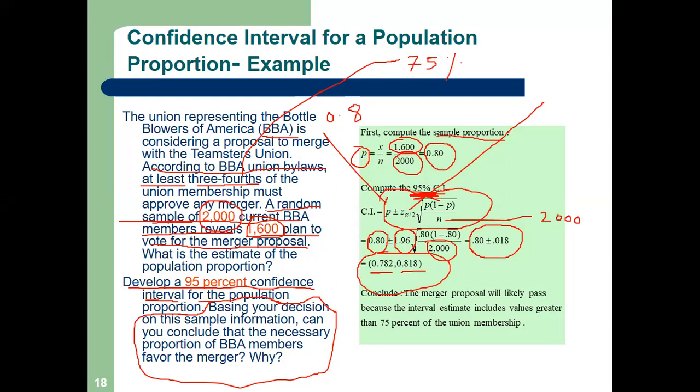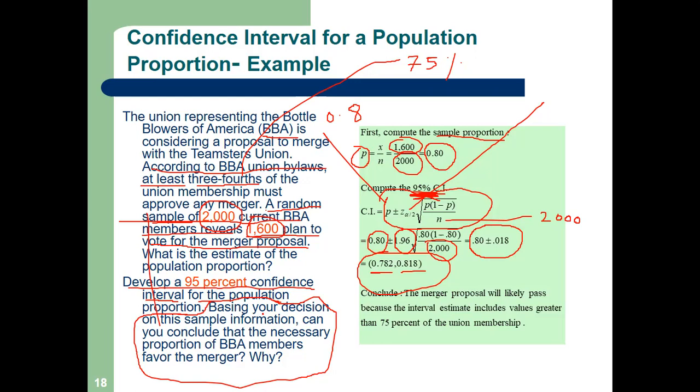So we are through. Now you can see the second part. What was the second part? Basing your decision on this sample information, can you conclude that the necessary proportion of BBA members favor the merger? Can we conclude?